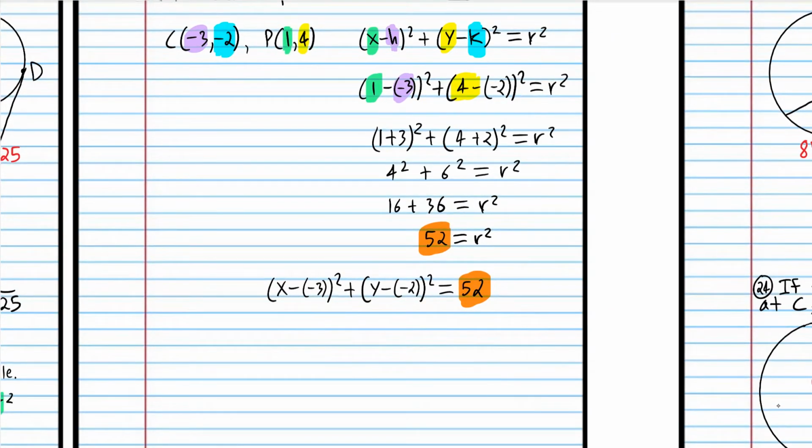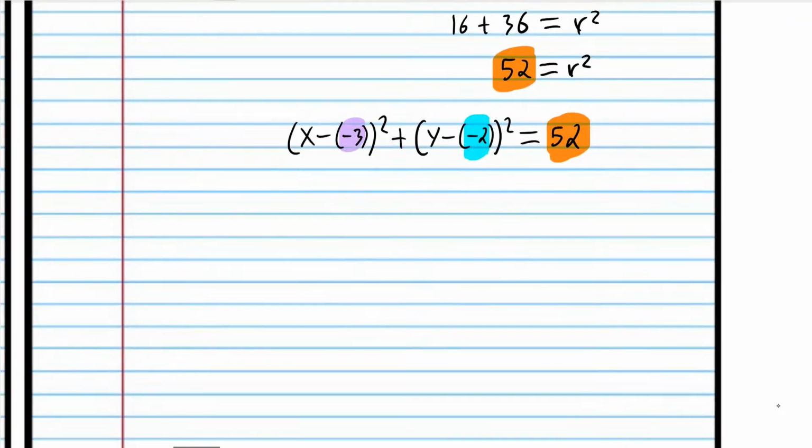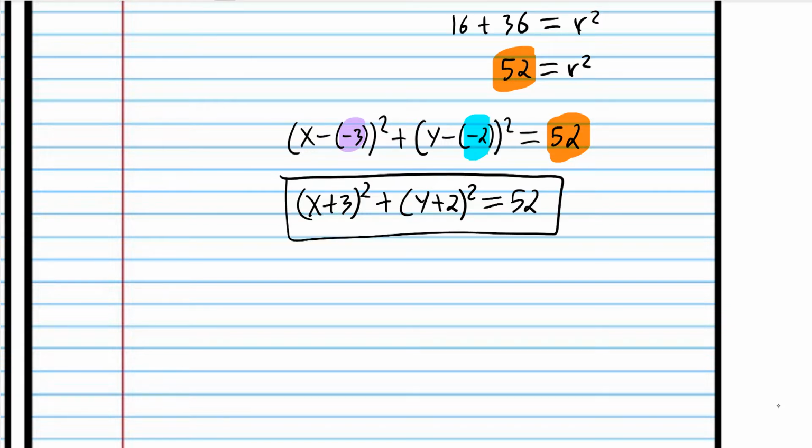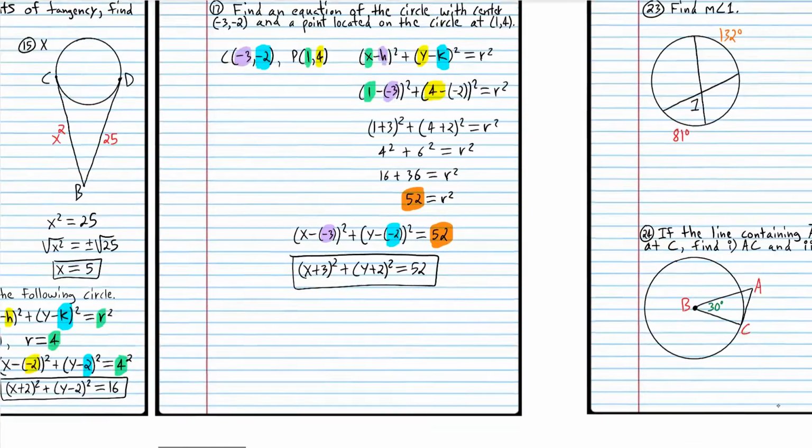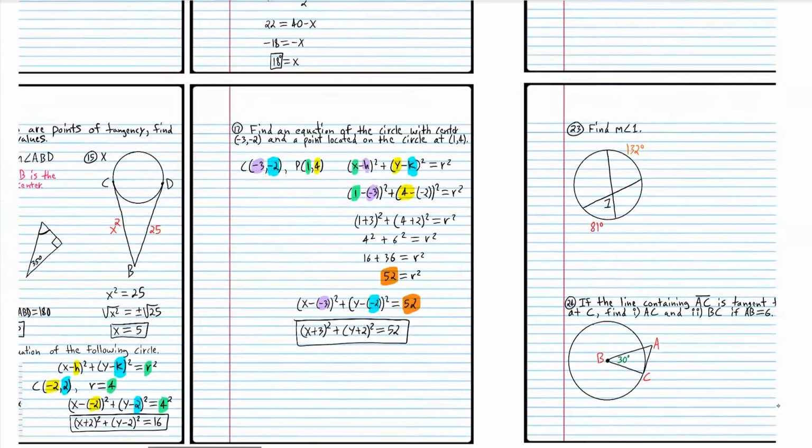And again, I got those numbers from there. So now those are double negatives. So we have x plus 3 squared plus y plus 2 squared is equal to 52. And there you go. So if you got that answer, good job.